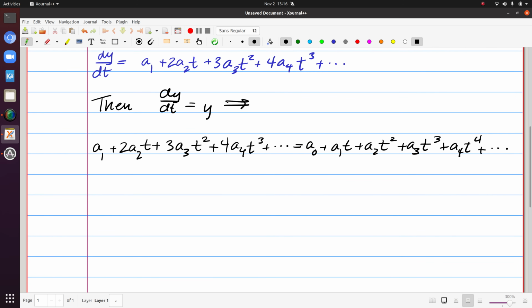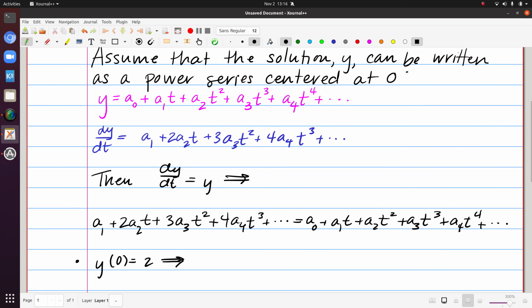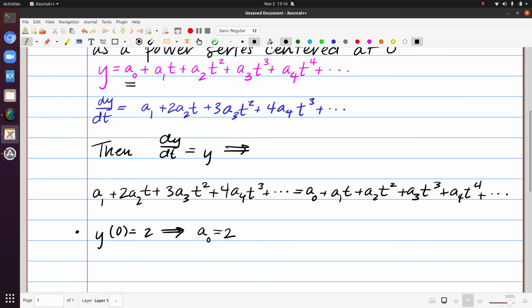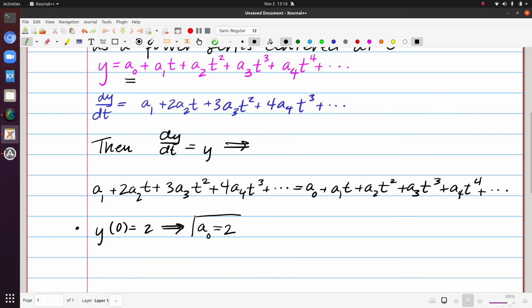The initial condition is y of 0 equals 2. If we come back to my pink equation for y and plug in 0 for t, the only thing left is a sub 0. So plugging in t equals 0 to my solution function yields a sub 0. We need it to equal 2, so the coefficient a sub 0 must be 2.